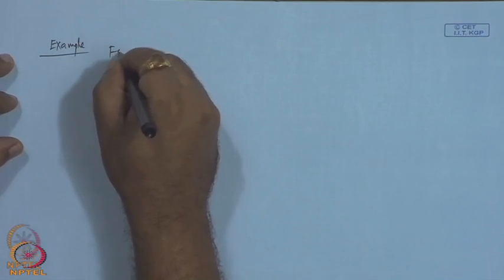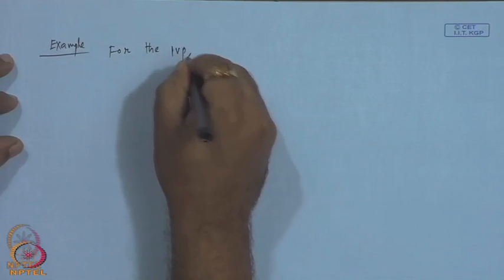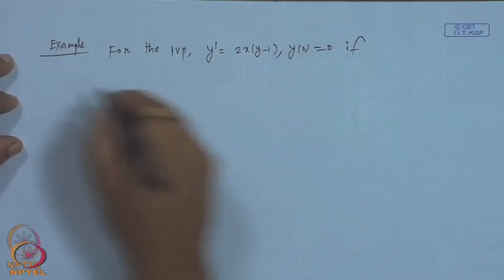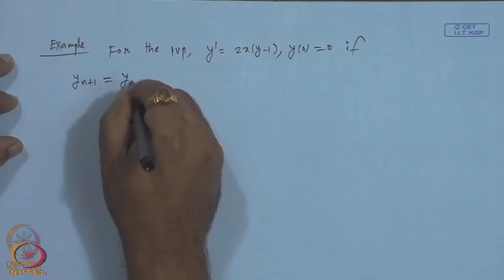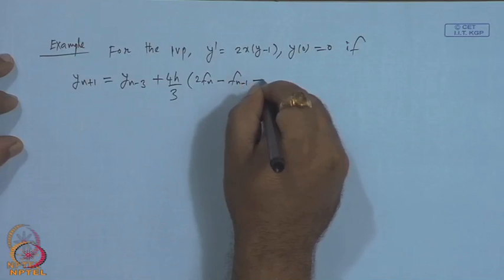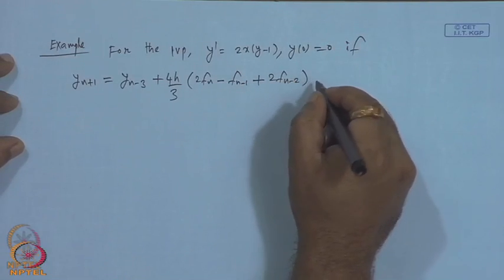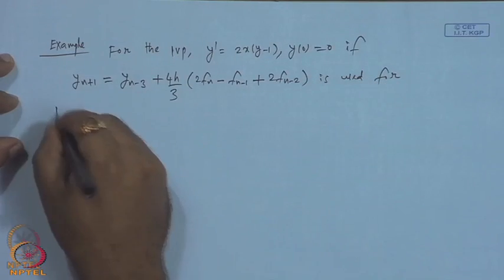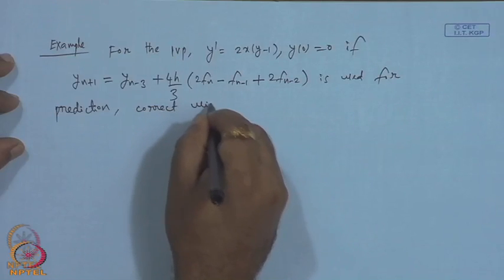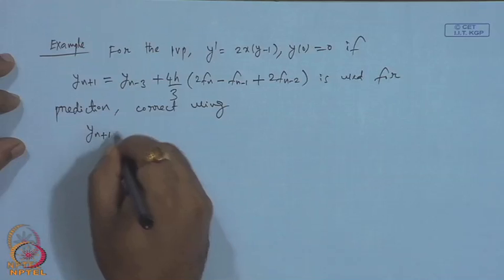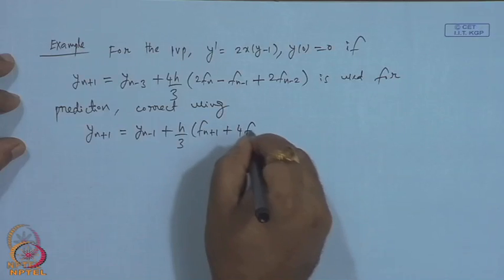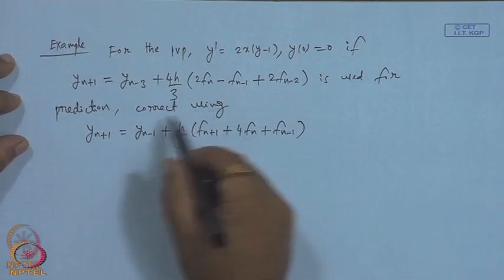For the IVP, this is an explicit method which is used for prediction.